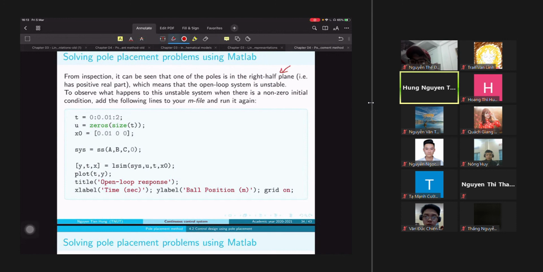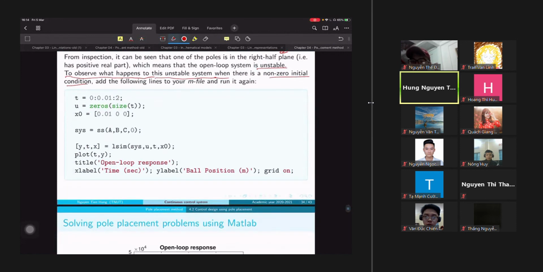Then the open loop is unstable, and now we can use the MATLAB code to observe what happens to this unstable system. In case you have a non-zero initial condition, we can make a system like this, and this is the initial x naught, and we observe. This is the time of observation, and we have no input.